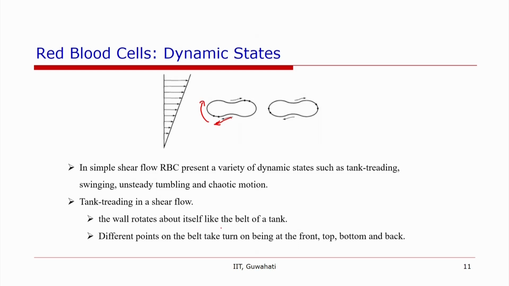So it rotates itself like the belt of a tank, and different points on the RBC take turns. A point of the membrane which was here, after some time comes here and then moves to another point. So basically the points on the membrane rotate themselves like the belt in a tank tread.